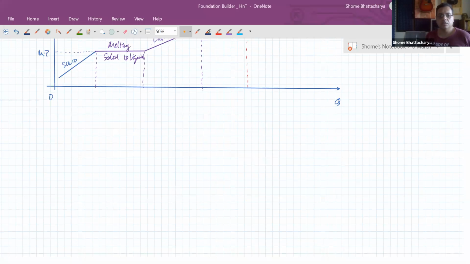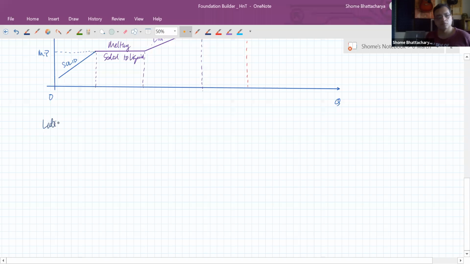Okay, so now next thing we'll understand here, the concept of latent heat.